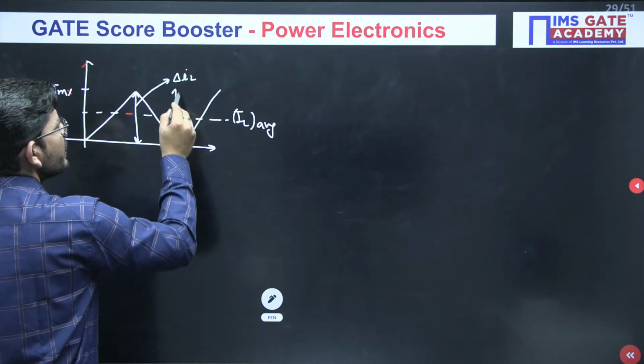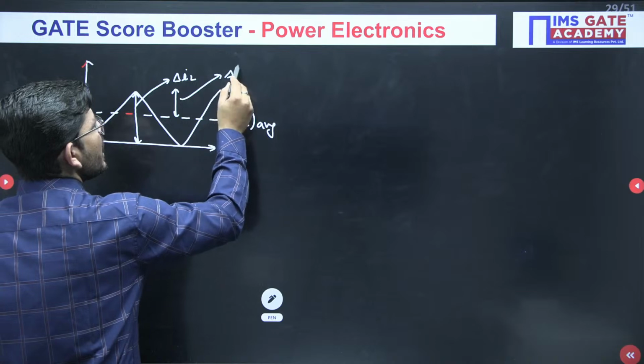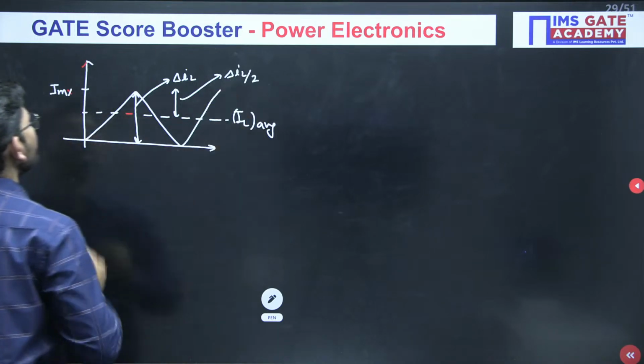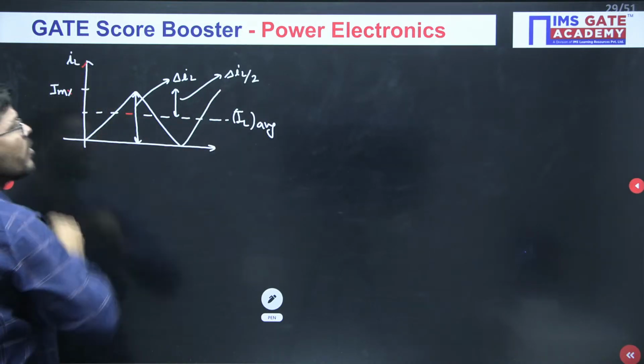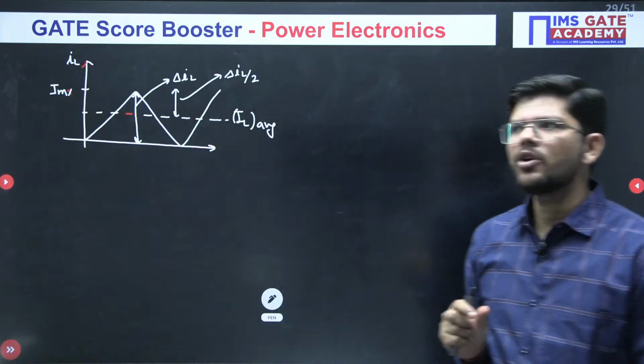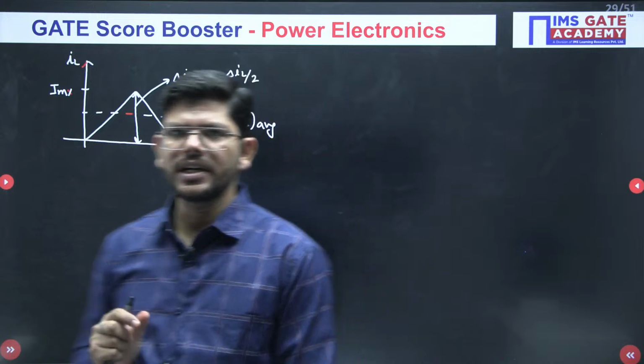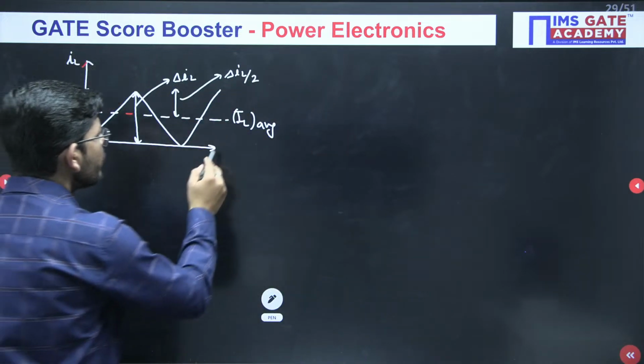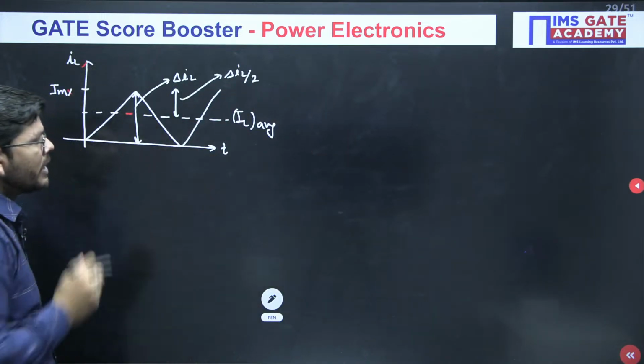And how much is this current? Delta IL by 2. This is the inductor current waveform for the present scenario when the converter is operating at the boundary of continuous conduction.